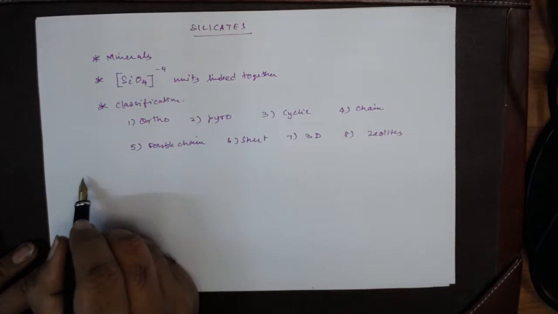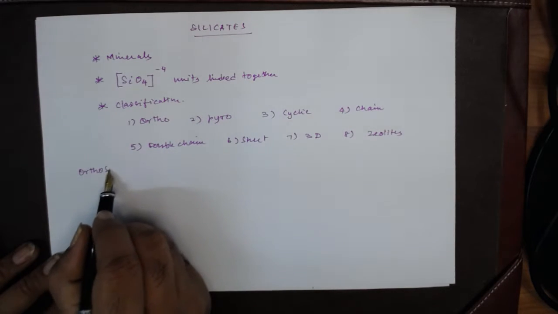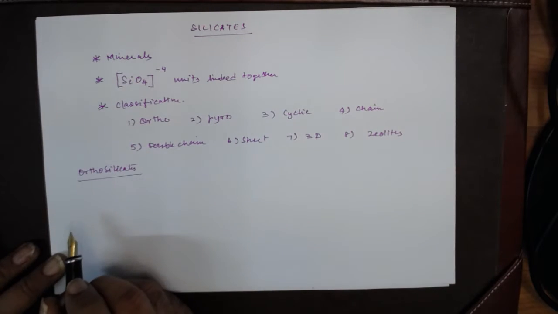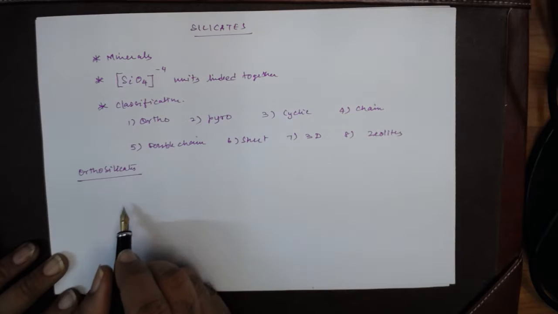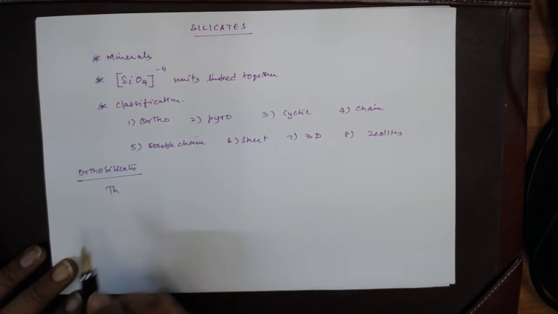Now let us talk about the orthosilicates. The orthosilicate can be simply represented as, actually it's a tetrahedral structure. TH means tetrahedral.